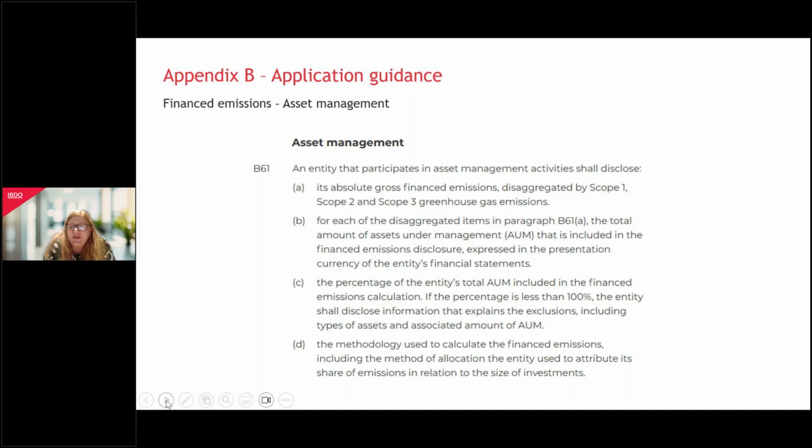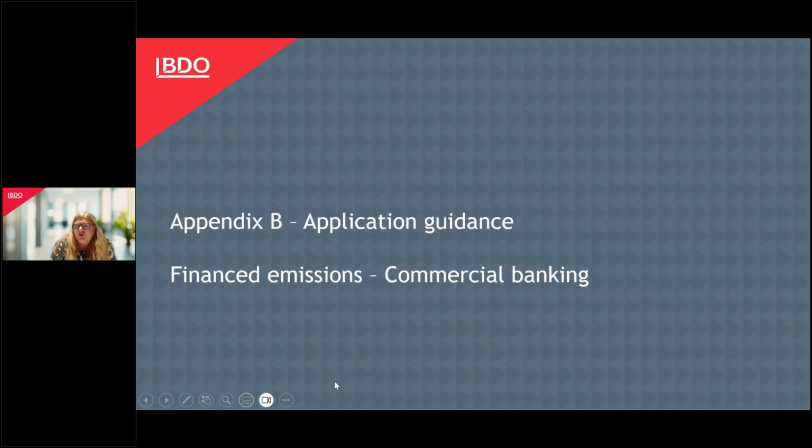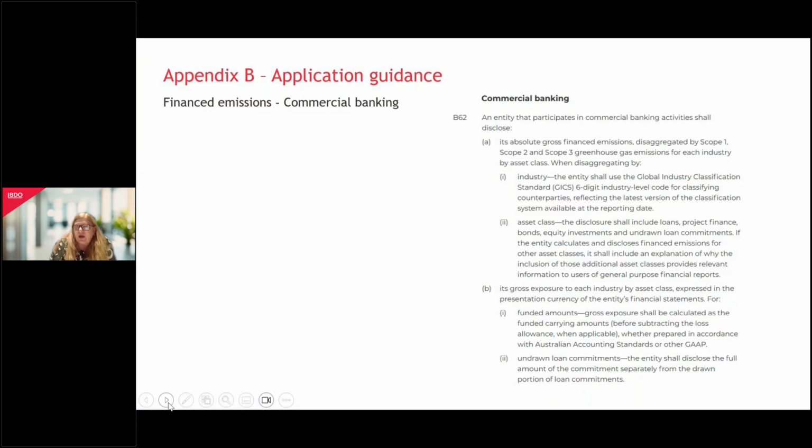Also looking at the entity's total assets under management included in the financed emissions calculation, and also the methodology that's been used. So these are shall requirements, mandatory requirements, if you're in asset management. Also mandatory requirements around commercial banking across industry, across asset class, specifically in paragraph B62, little b1, the funded amounts.